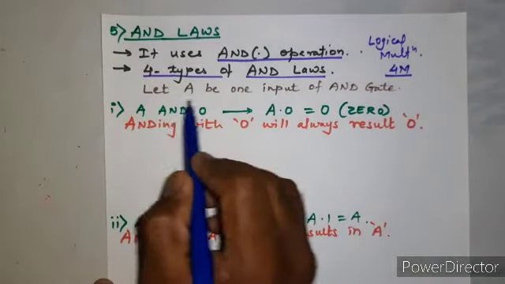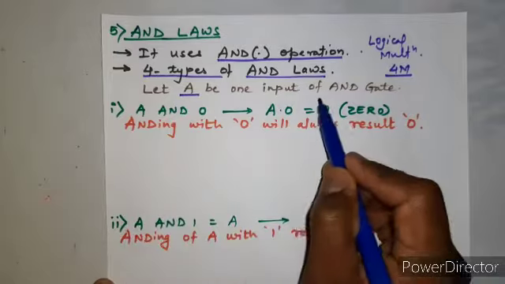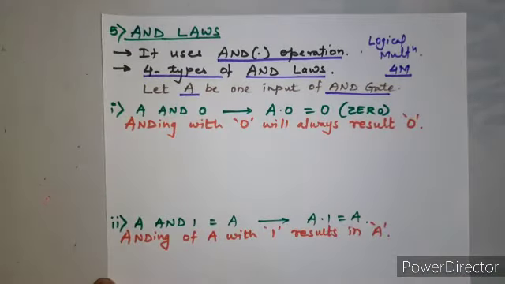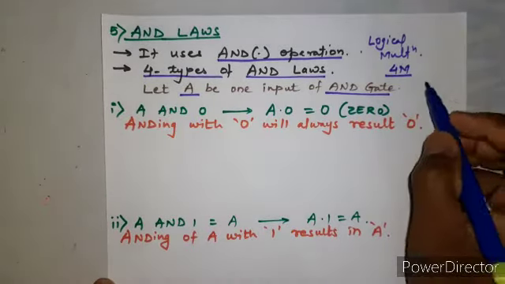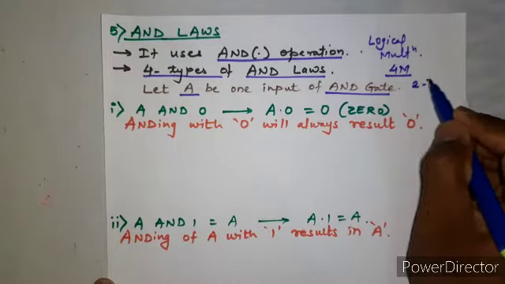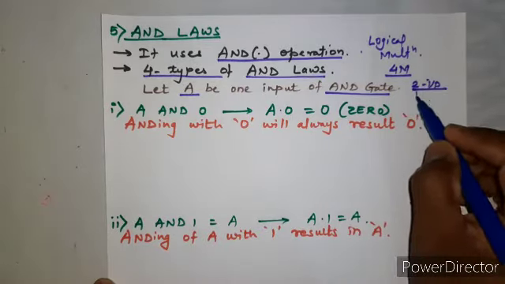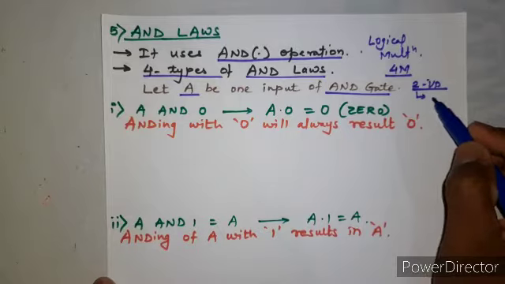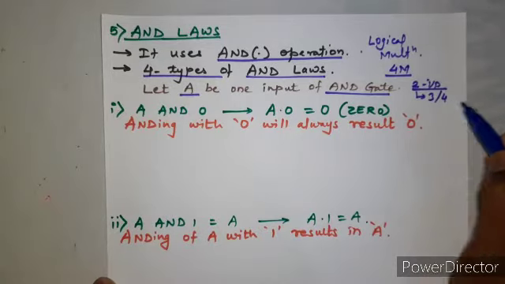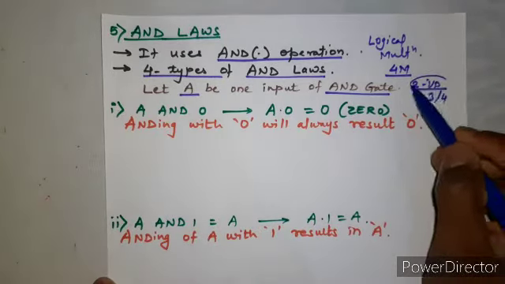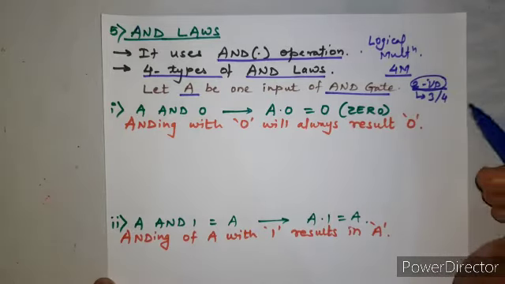Now for that, let A be one of the inputs of the AND gate. Here again we are going to refer to 2 inputs, and that can be extended to 3 or 4 inputs, but for understanding purposes we can just go for a 2 input AND gate.